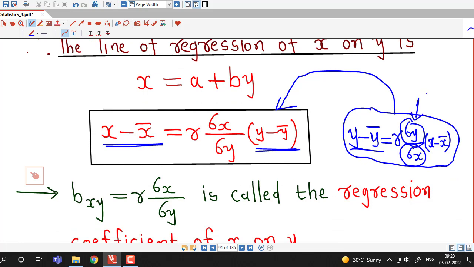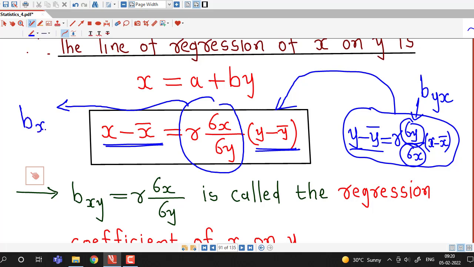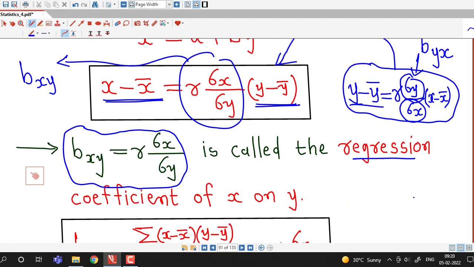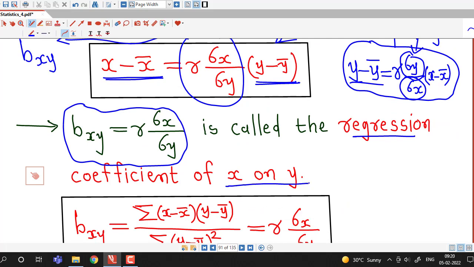Here this coefficient is called the regression coefficient of y on x, and here we call this the regression coefficient of x on y, and we denote it by b suffix xy. bxy will be equal to r times standard deviation of x divided by standard deviation of y, and is called the regression coefficient of x on y.